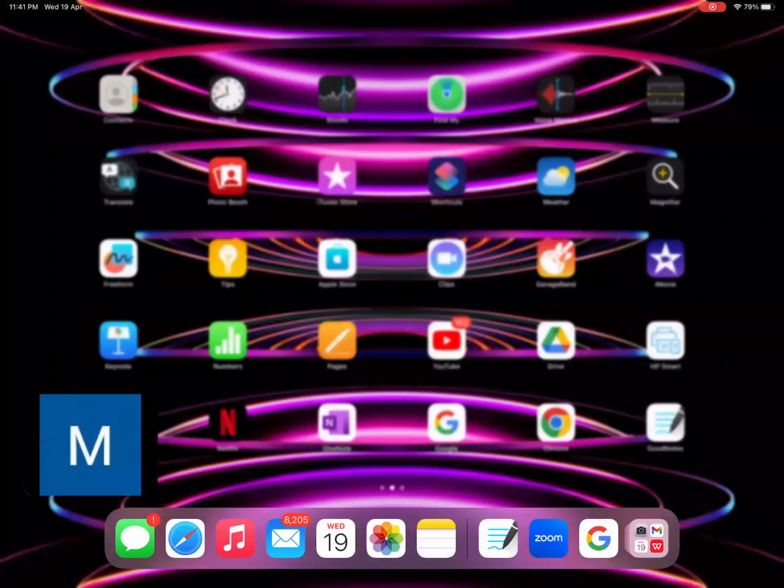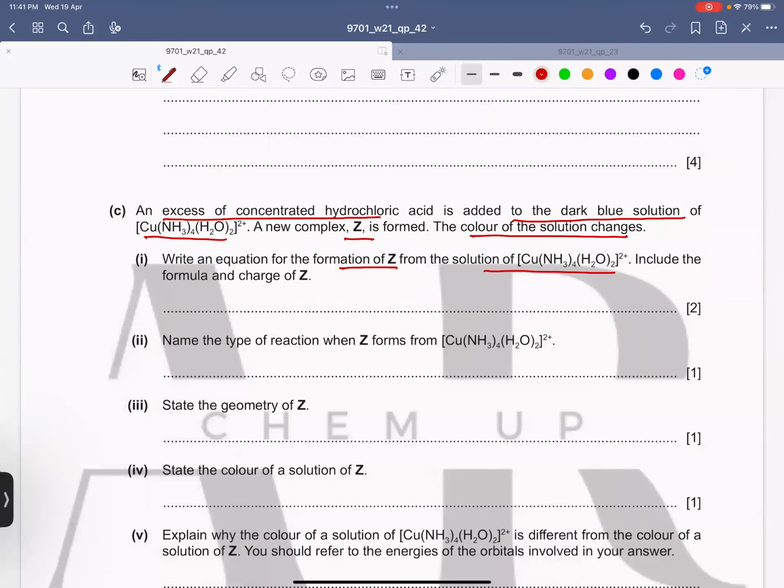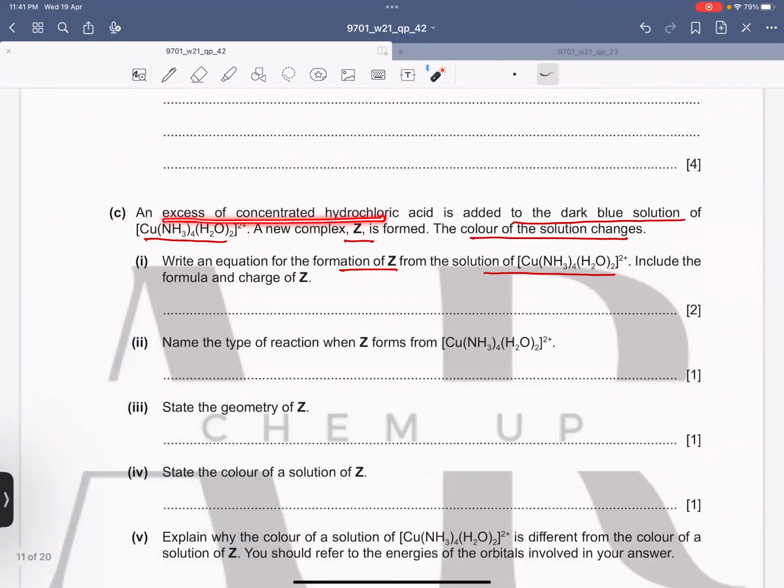So let me read the question again. They are saying that we are using concentrated hydrochloric acid and it is added to the dark blue solution of this complex. A new complex Z is formed and the color of the solution changes.